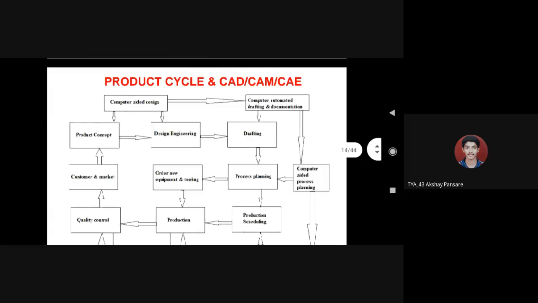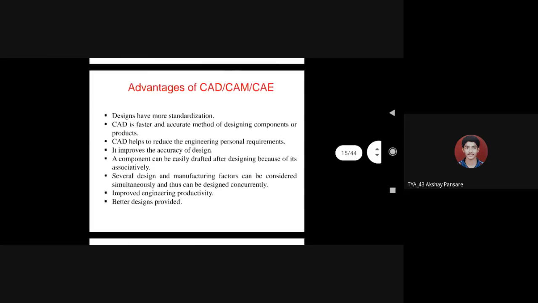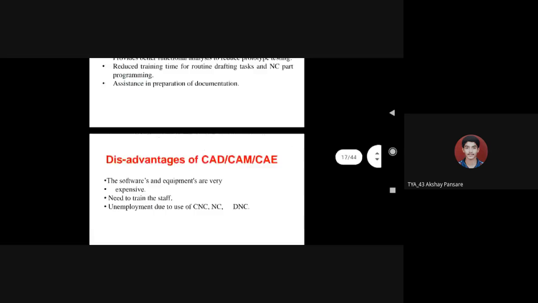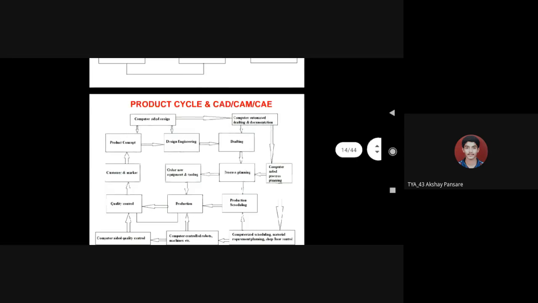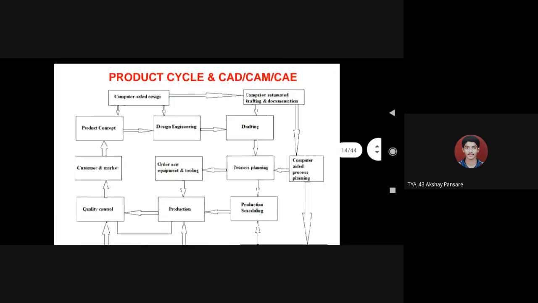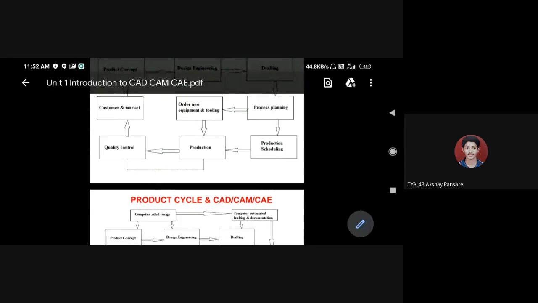We can add only the role here, then advantages and disadvantages. We will finish this chapter within I think 2 lectures. 2 lectures are required, so we will finish that tomorrow. Our time is nearly finished.